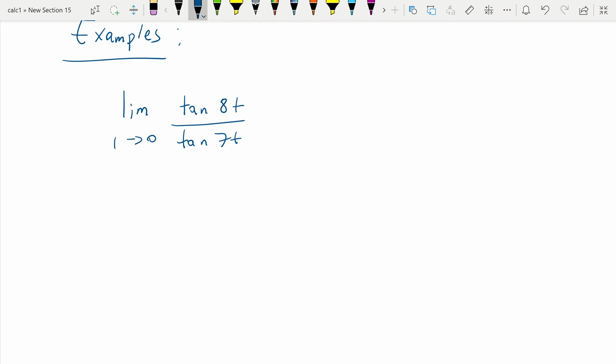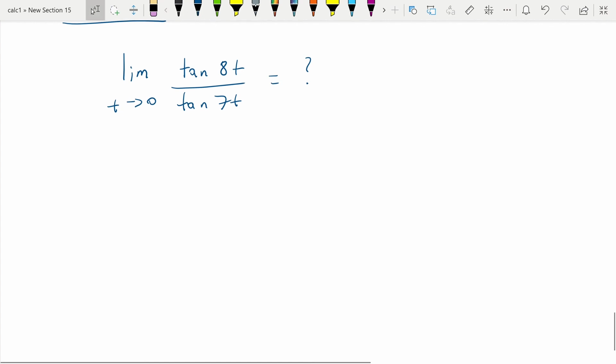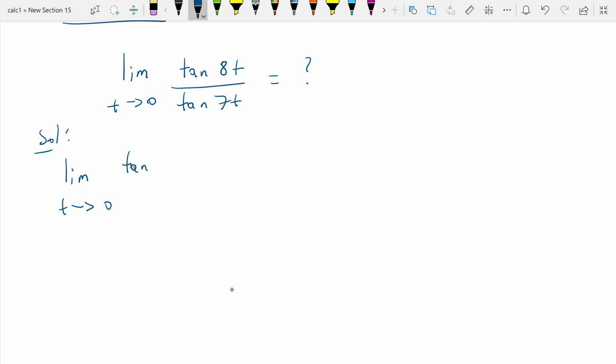What is that equal to? Okay, let's try to reduce everything. For the solution, we try to reduce everything to the limits we just computed, namely limits of sine of theta over theta, or 1 minus cosine theta over theta.